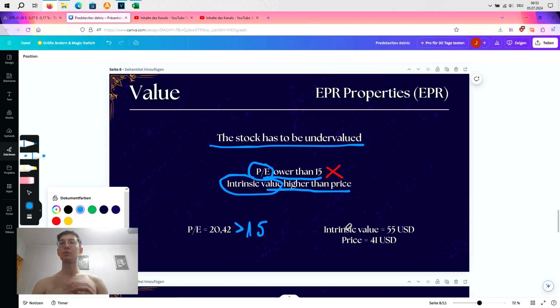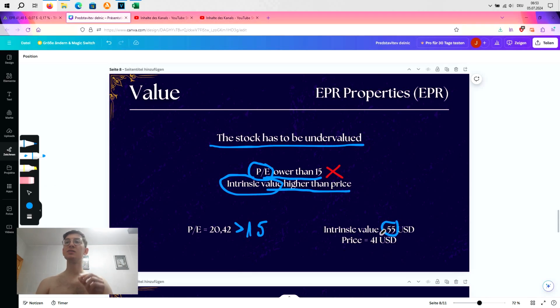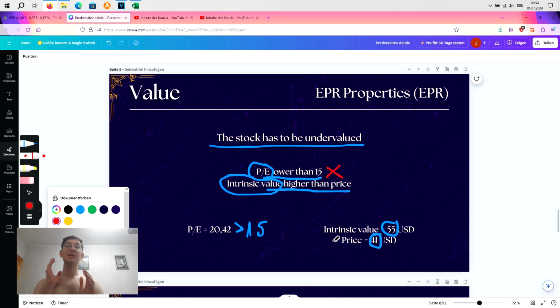So let's break that down in an example. The intrinsic value of EPR is $55, but the current price is $41. That means that the current price is actually around $15 lower than it should have been. This is intrinsic value. Intrinsic value is the price that the company should have right now. I know that I'm repeating myself way too much, but I really want you to understand this concept, okay?